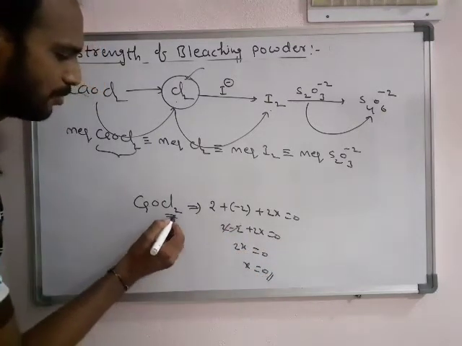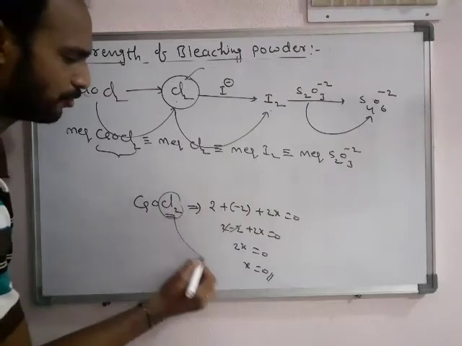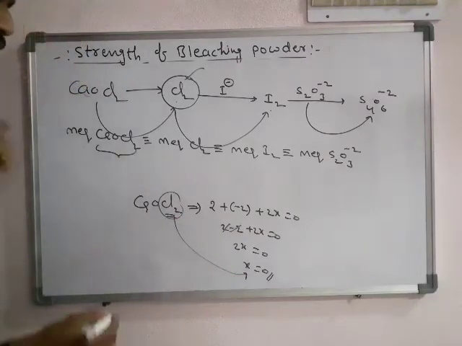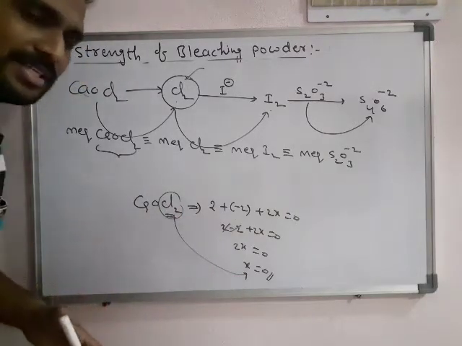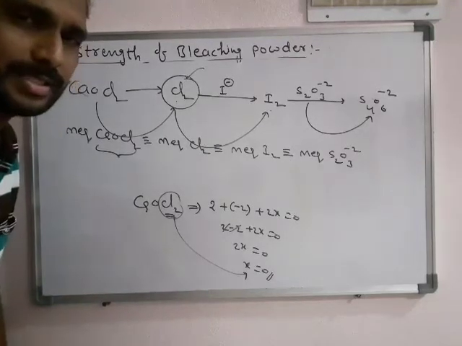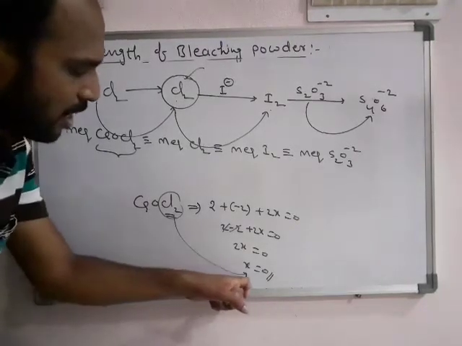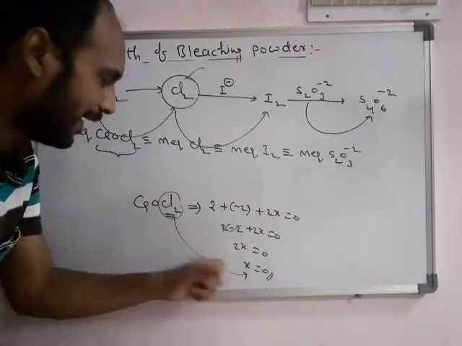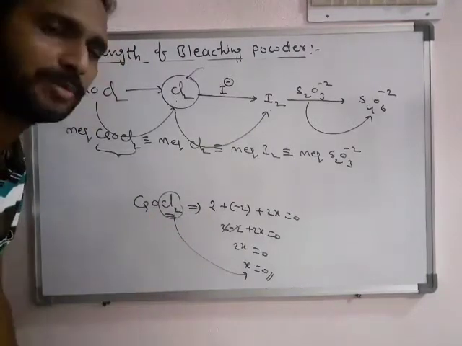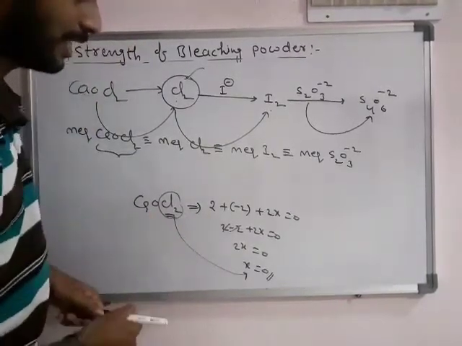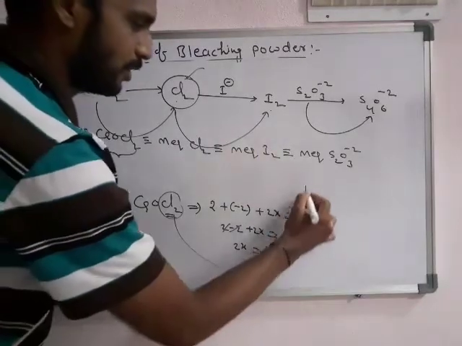So the oxidation number of chlorine we get is 0. Actually chlorine in free state only has 0 oxidation state, but here we got oxidation number of chlorine as 0 in a compound, which is generally not possible. But actually here also it is not exactly 0.